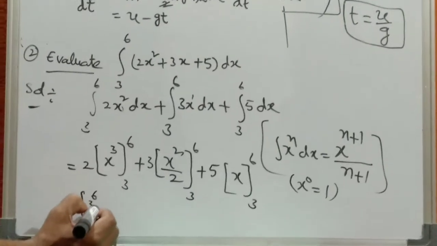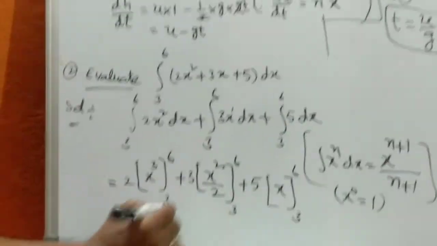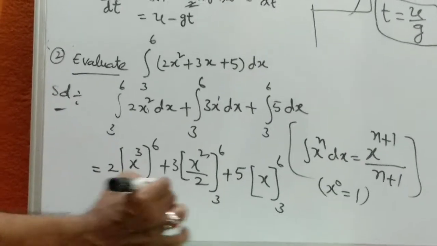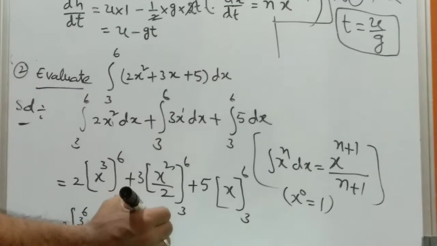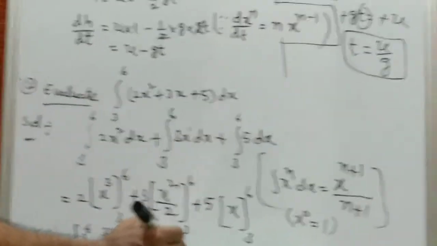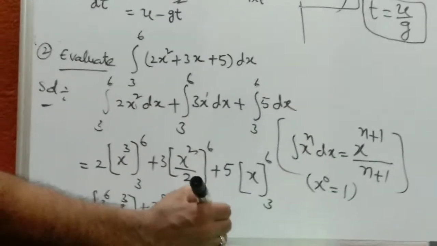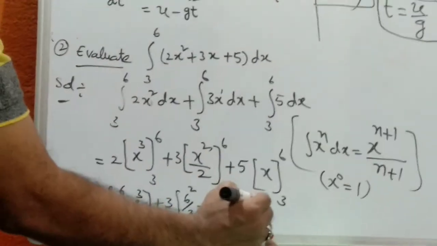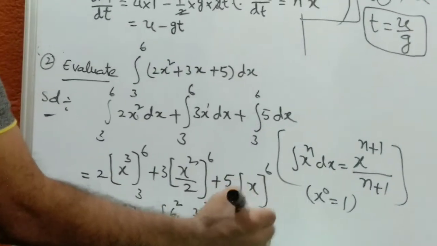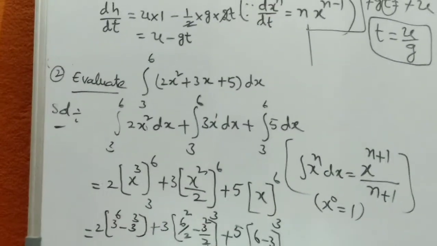For the first term, 6 cubed minus 3 cubed. Plus 3 into 6 squared by 2 minus 3 squared by 2. Plus 5, substituting x: 6 minus 3, upper limit minus lower limit.